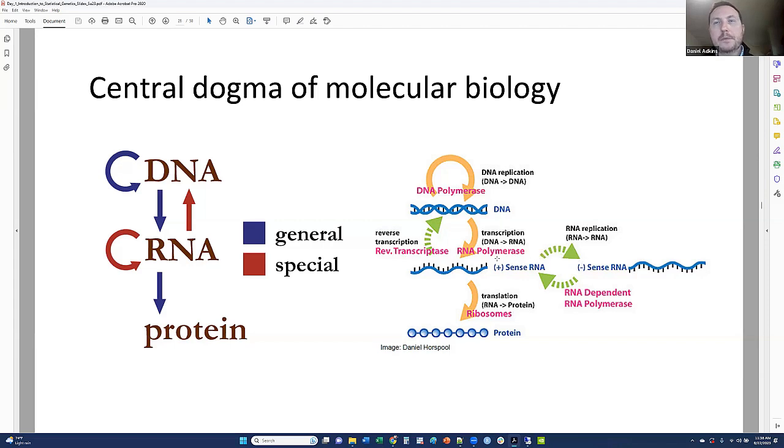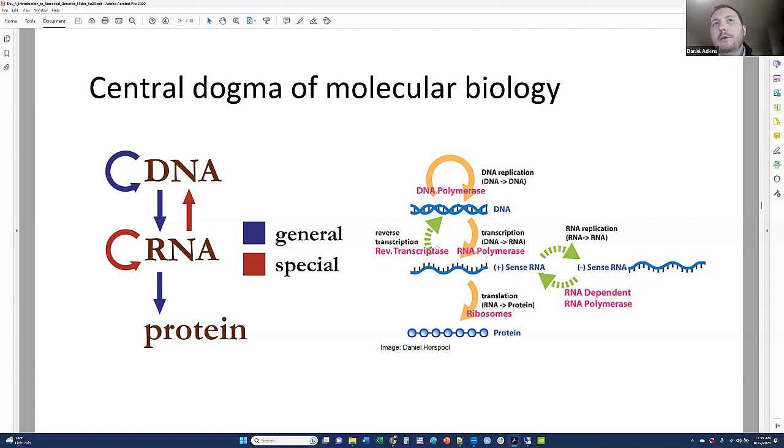Then the positive strand of the messenger RNA migrates out of the nucleus of the cell into an organelle called the ribosome. And then at that point, the instructions or the recipe contained in that messenger RNA is translated into a protein. And then that protein does all of the myriad functions of an organism's body.